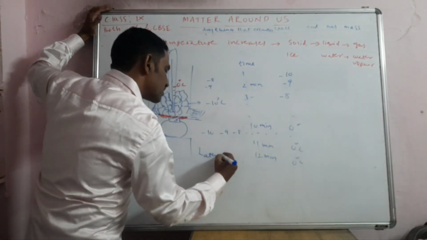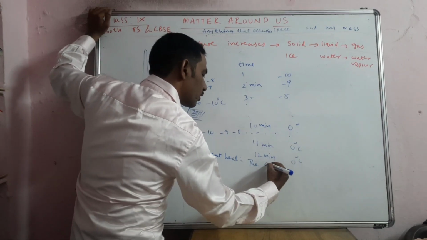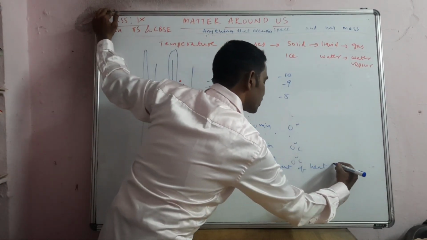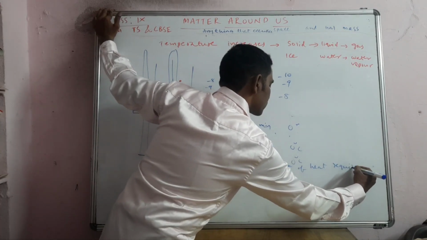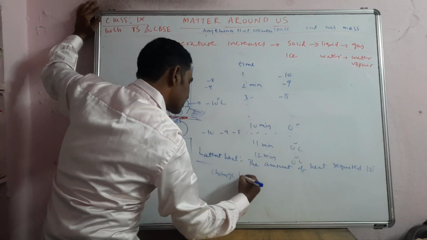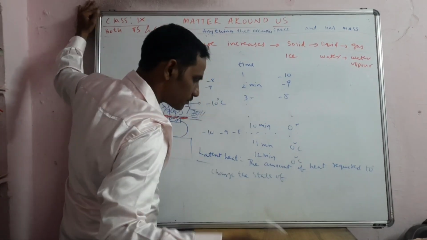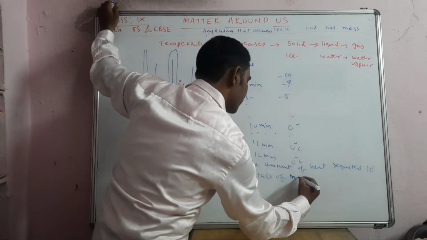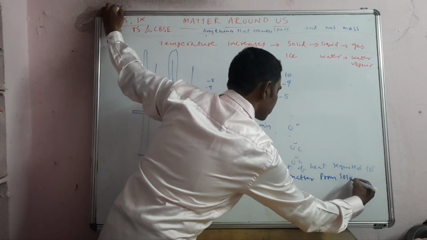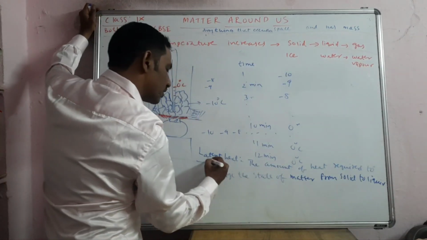The latent heat definition is: the amount of heat required to change the state of matter from solid to liquid is called latent heat. See, this is actually the latent heat of fusion.